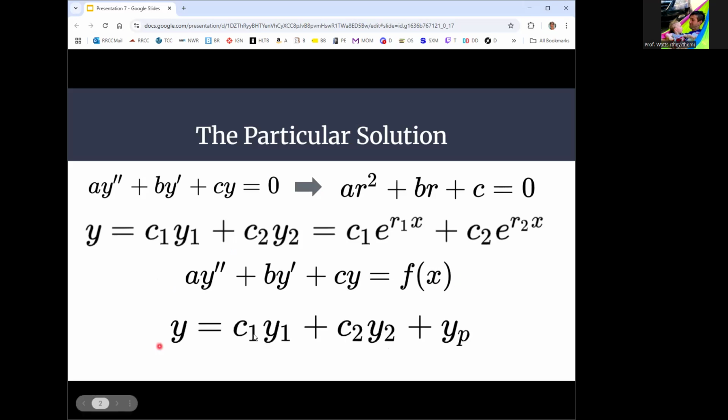So the general solution will still involve the fundamental set of solutions, y1 and y2, which solve the homogeneous case, but we'll now need a third term denoted y subscript p, also called the particular solution. The particular solution will go into the differential equation to result with that forcing function. Some alternate notation, you might see this written as a capital Y for the particular solution.